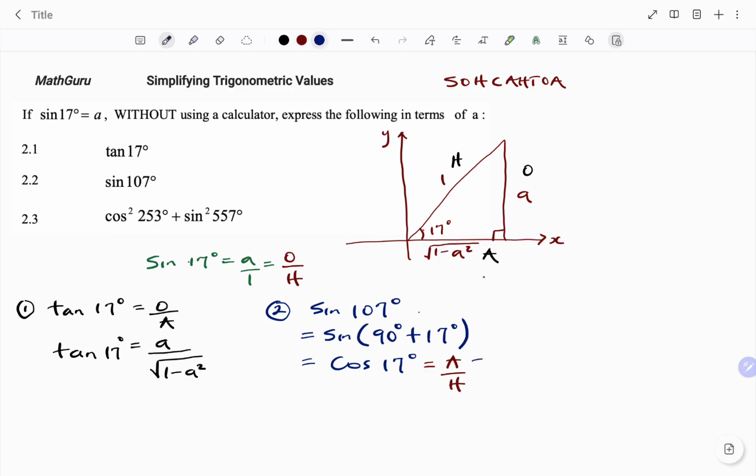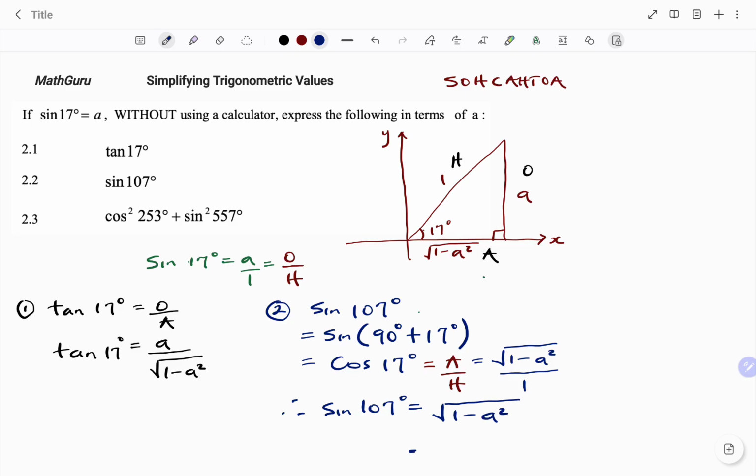If I go back to my diagram, because I'm using the same acute angle 17 degrees, my adjacent will be root of 1 minus A squared and my hypotenuse is 1. So my sine of 107 degrees, which is now equal to the cosine of 17 degrees, will be equal to the root of 1 minus A squared.